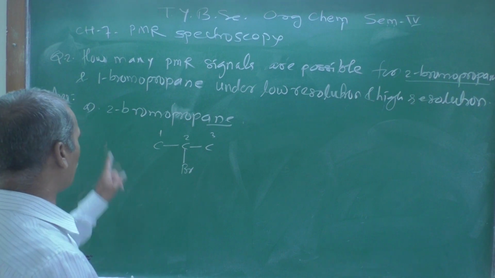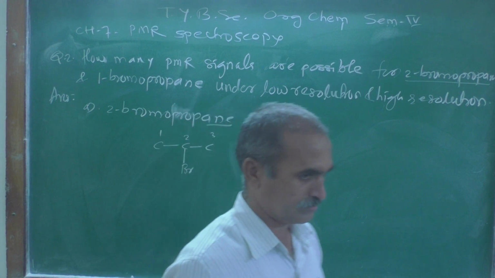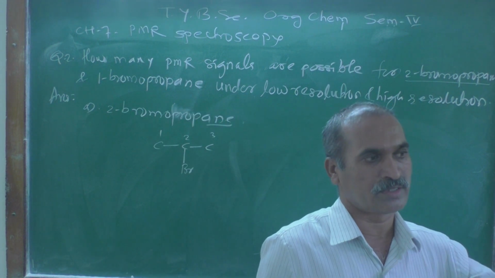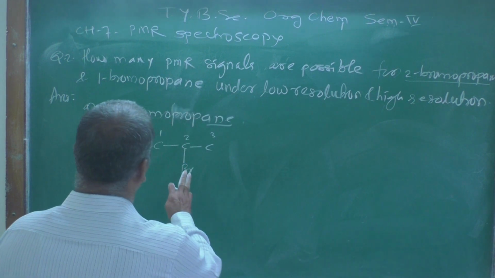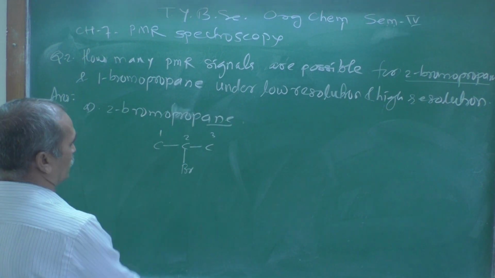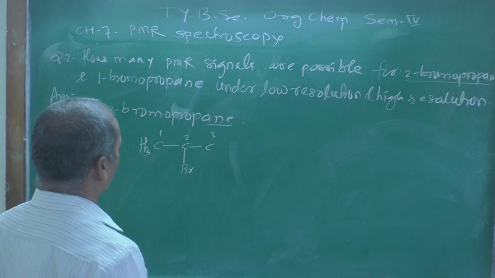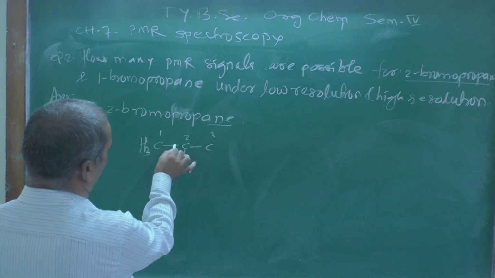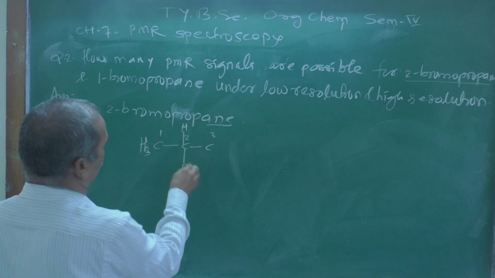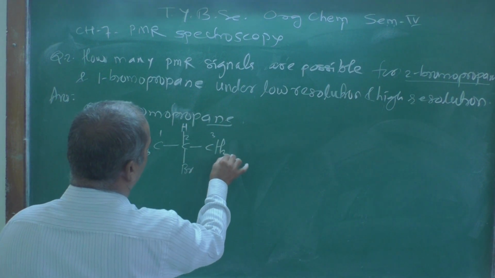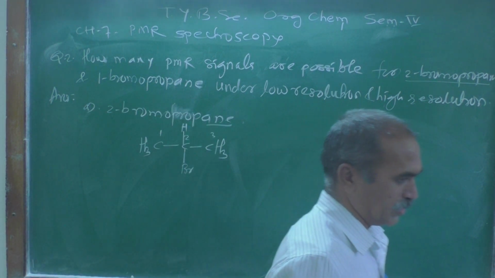Carbon always carries hydrogen atoms, so to satisfy the valency of 4 you must attach 3 hydrogen atoms on the ends, and 1 hydrogen on the middle carbon, which already has 3 bonds. So this is 2-bromopropane.